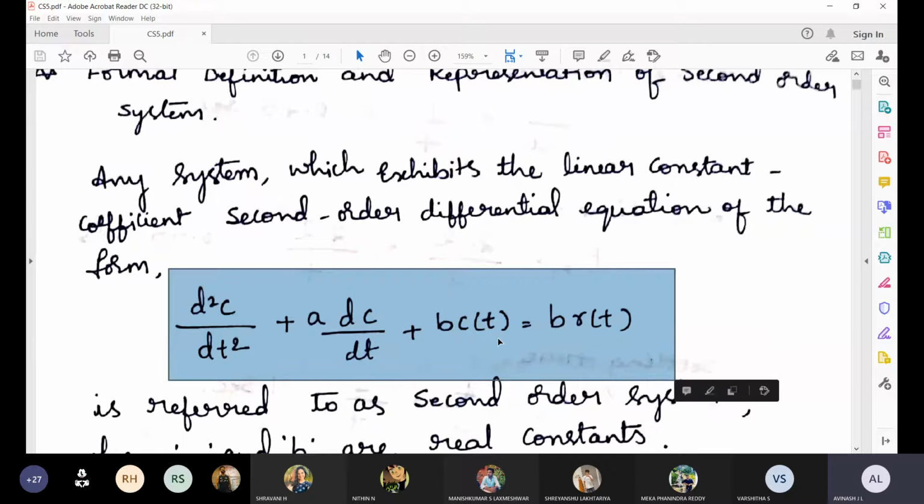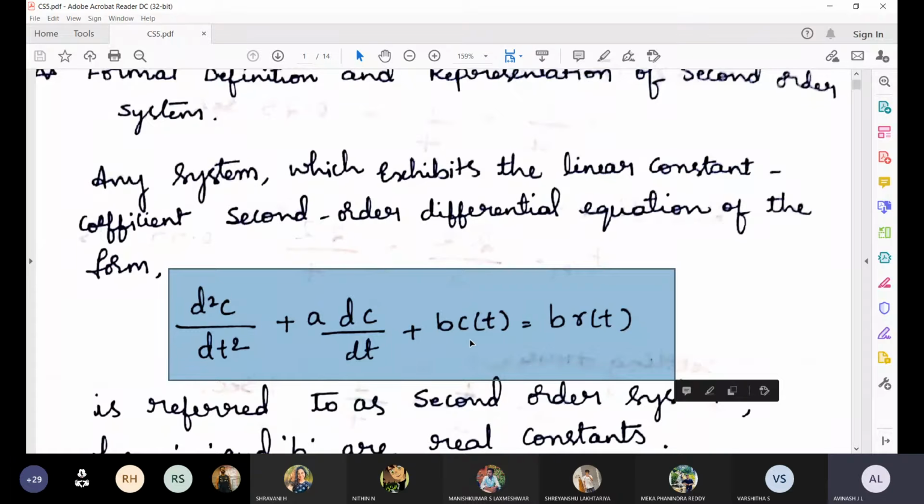Now here the second order system will be represented using a differential equation in this particular format. What is that format? d square C by dt square plus A into dC by dt plus B into C of t equal to B into R of t. Here dC means C of t only, d square C of t only, but since it is understood, I have not written C of t.